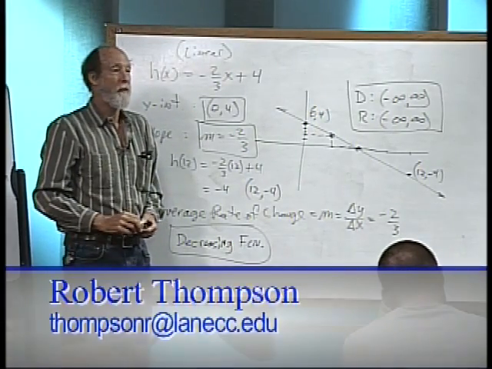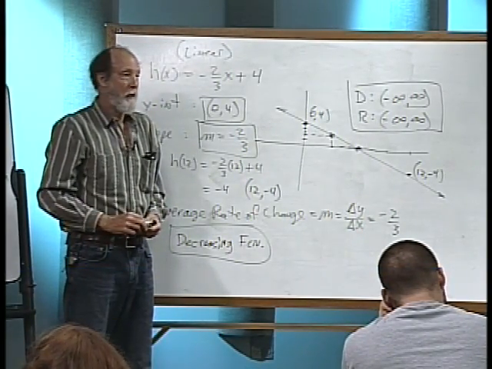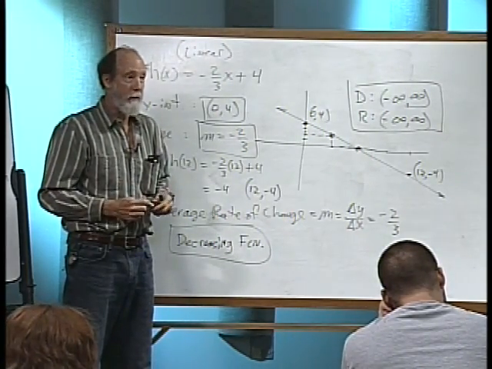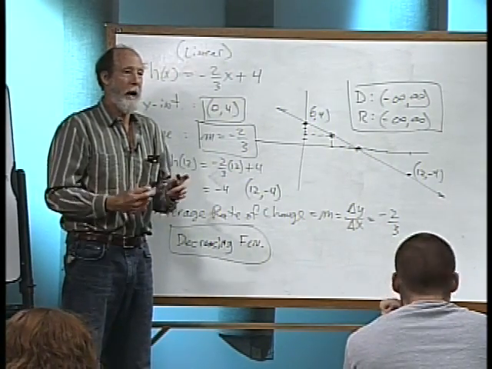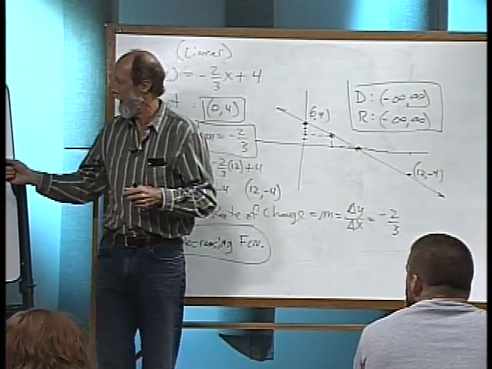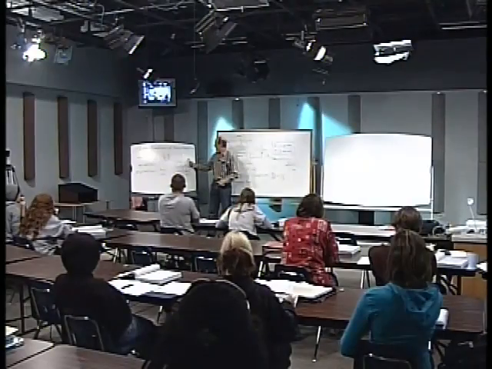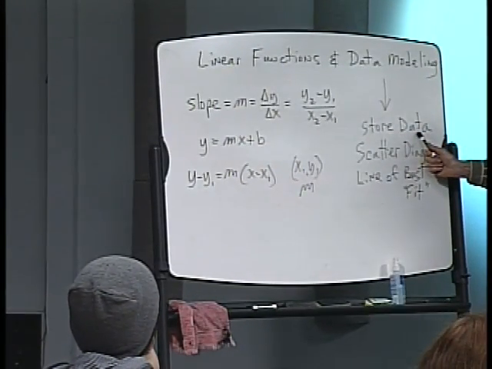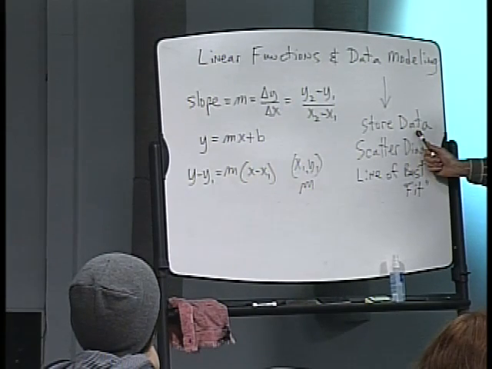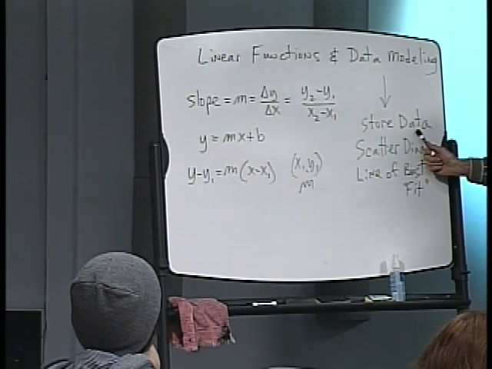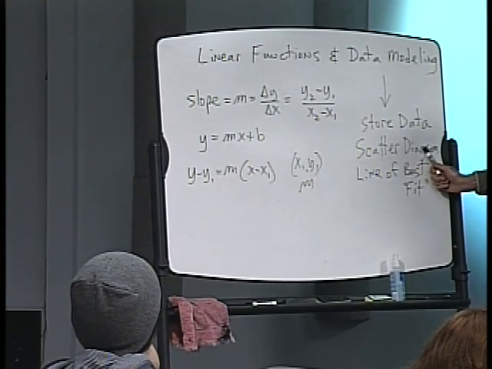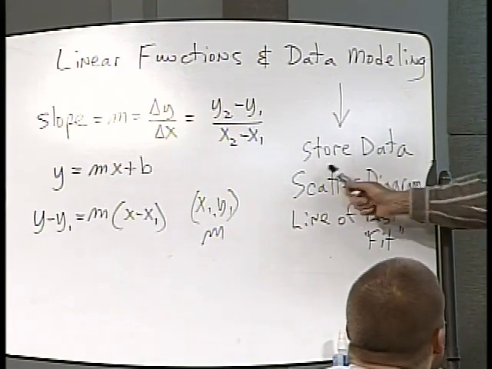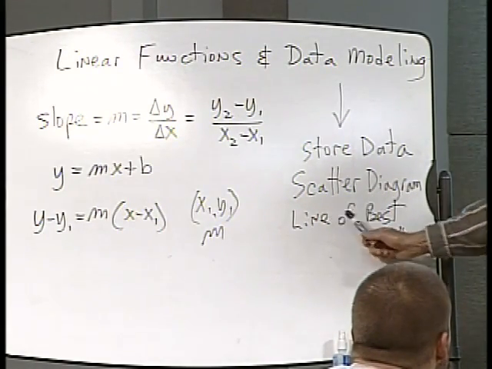All right? So let's now look at a set of data, or maybe we could find an application problem, let's try to find something sort of real that's in the book. Let's find something that's going to give us some data, learn how to store it in our calculator, or you could do it by hand by building a little table of the data, and then generate a scatter diagram either by hand or using your calculator, and then finally look at the data's graph and then generate a line of best fit.